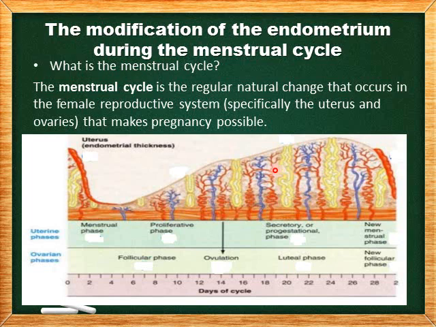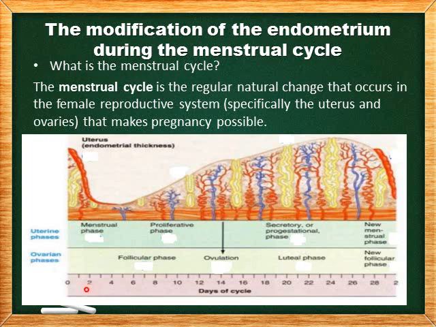For this purpose, we have to study all the modifications that take place within this endometrium. We can't talk about modifications or changes in a female without mentioning a cycle, because all the modifications and changes take place in a cyclic way.